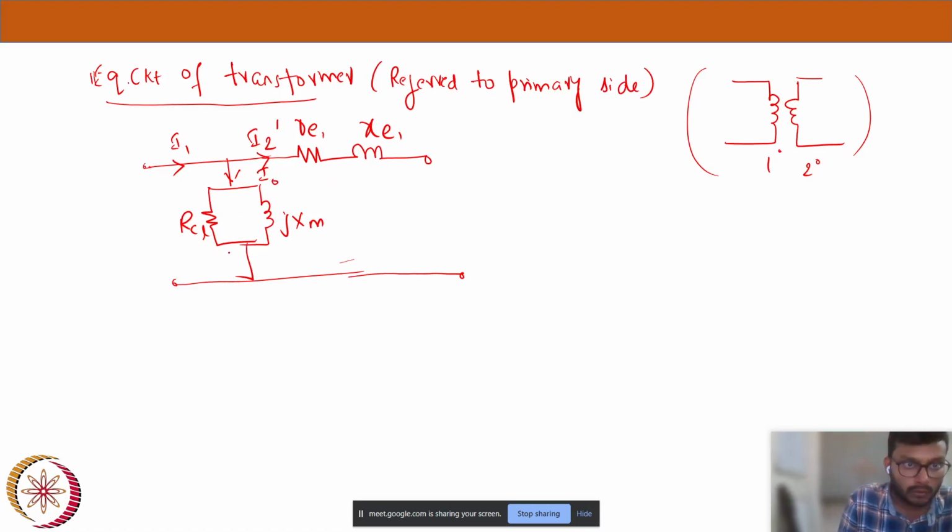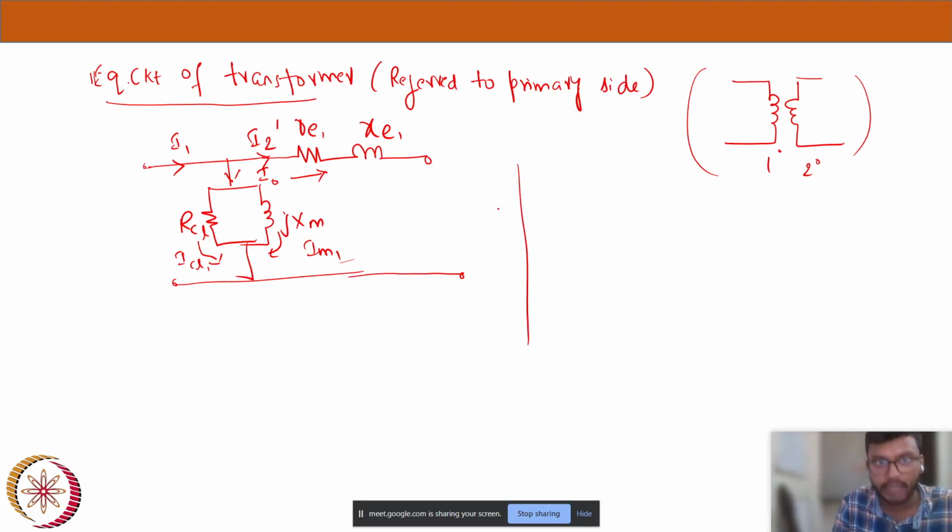Now the current flowing in this branch, that is through the core loss resistance RCL, will be ICL1, and the current flowing through the magnetizing reactance will be IM1, and this current we already named it, that is I2 dash. Now let's write what are the individual values.